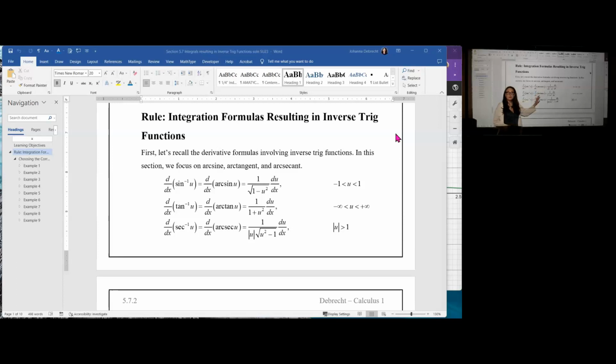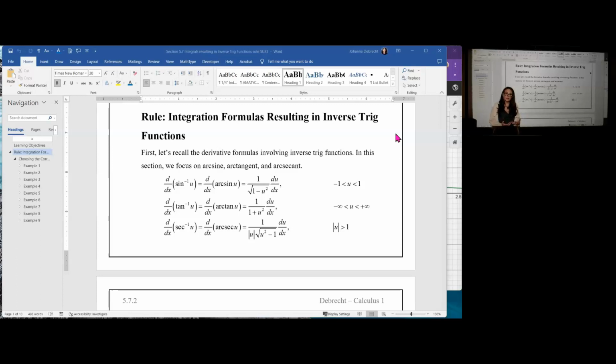You're going to have to memorize which one has a constant first and then subtracts a variable-related expression, and which one has the variable-related expression and then subtracts the constant. In general, I've memorized that arcsine is always 1 minus. It's easier for me to remember that because I know 1 minus cosine squared gives me sine squared. That's how I do it, but you'll want to find your own method.